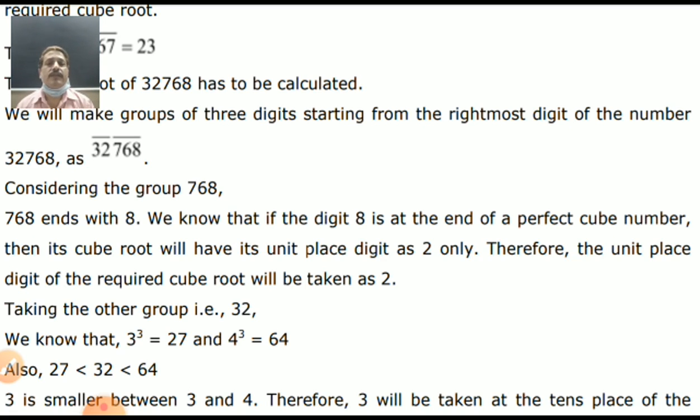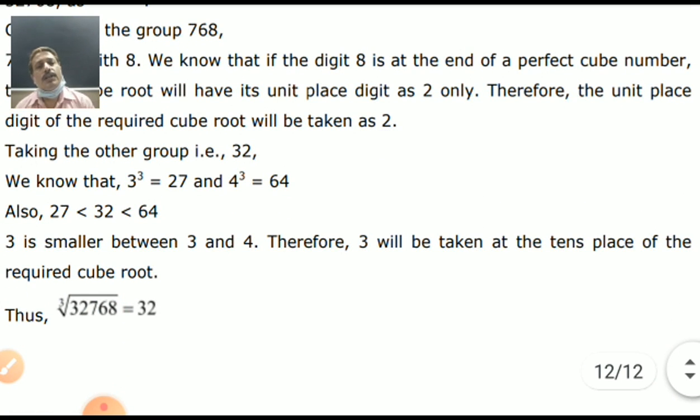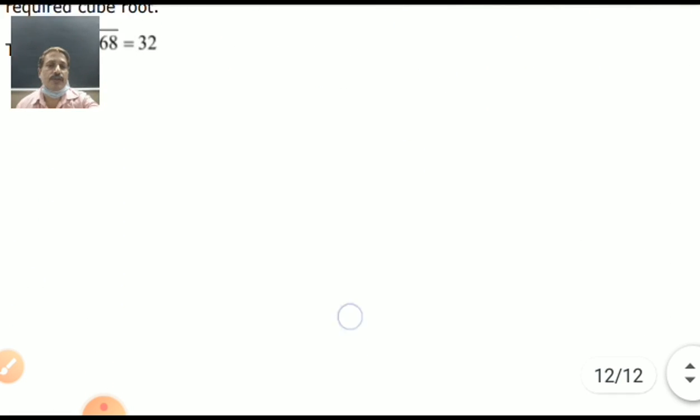Therefore, the unit place digit of the required cube root will be 2. Now, what is left? 32. 3 3s are 9, 9 3s are 27, and 4 4s are 16, 16 4s are 64. So 64 is larger than 32 and 27 is smaller than 32. So we take the 27 one. 27 means 3 cubed. So here we take 3 and 2, 32 is our answer.